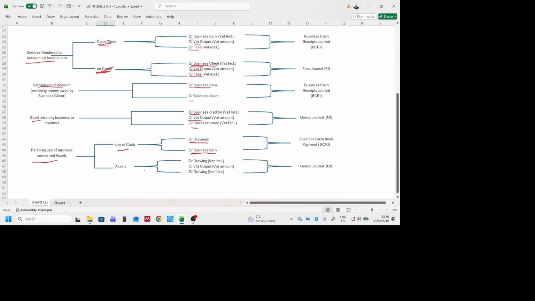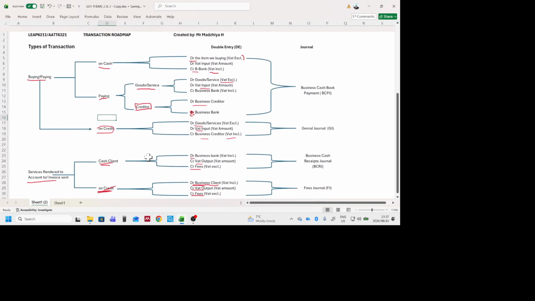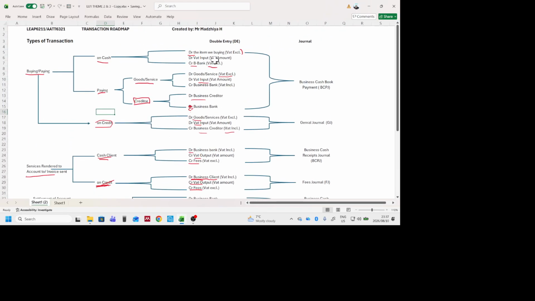So in a situation where the business owner decides to take business assets for personal use, it means that when we bought these assets in the beginning, we would have debited the item that we just bought, claimed the VAT from SARS, and then credited business bank if we bought it with cash.